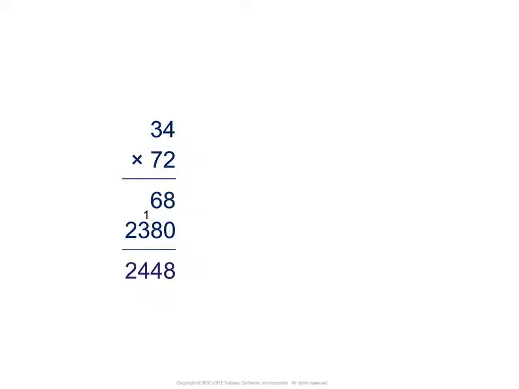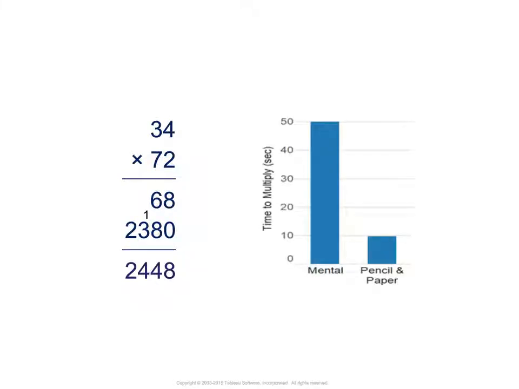In fact, if you study people, you'll find that they can work it many times faster using pencil and paper rather than working the problem in their heads. Now, this is exactly why we use the external world to work problems, and that's the key solution to using data to help you with your cognitive bias of one type or another.